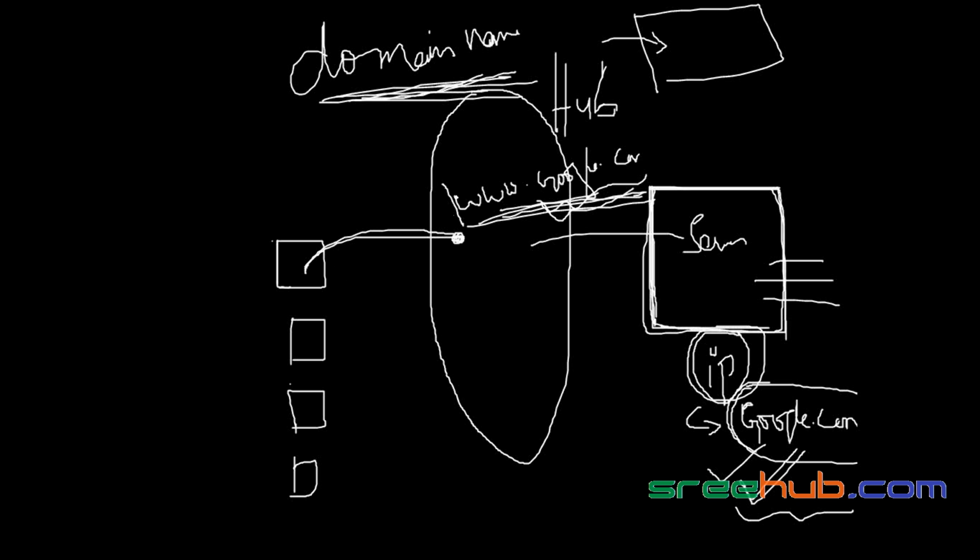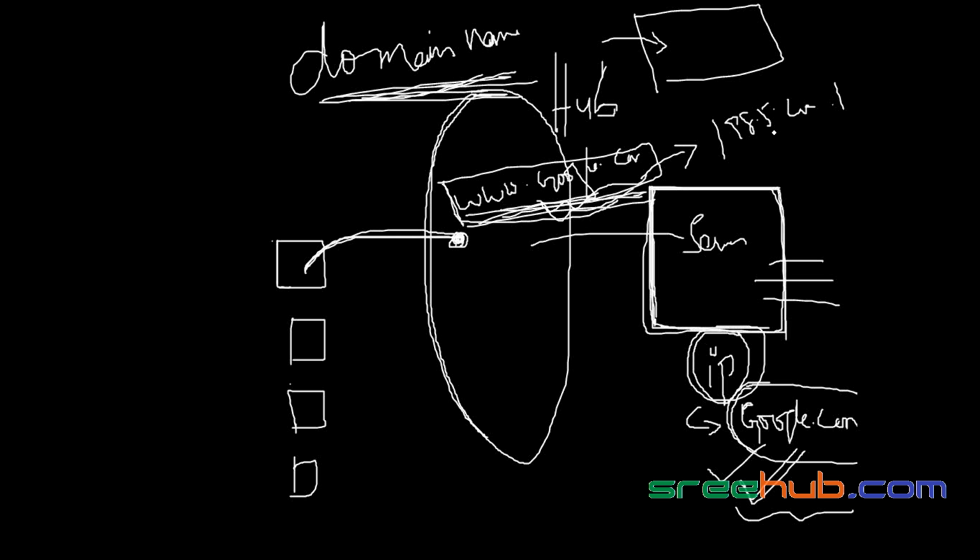Now, whenever you say google.com, based on your internet provider, they will have their own hubs. So you first connect to the internet hub. If you search for google.com, it is registered with, let us say, 198.5.200.1.